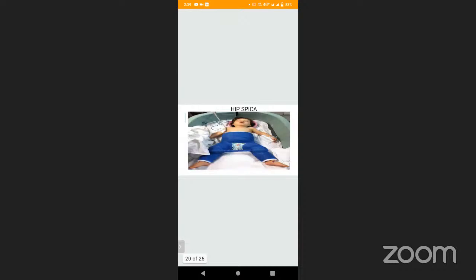And sometimes we give plasters, hip spica. That is usually done in case of children. This is also a conservative method of treatment. Here, after giving traction and keeping the fracture fragments in alignment, we give a plaster. Look at the plaster. It covers almost the lower part of the body and both legs.